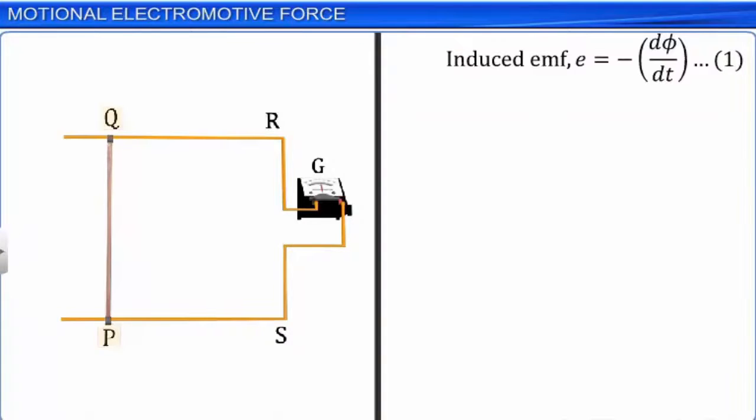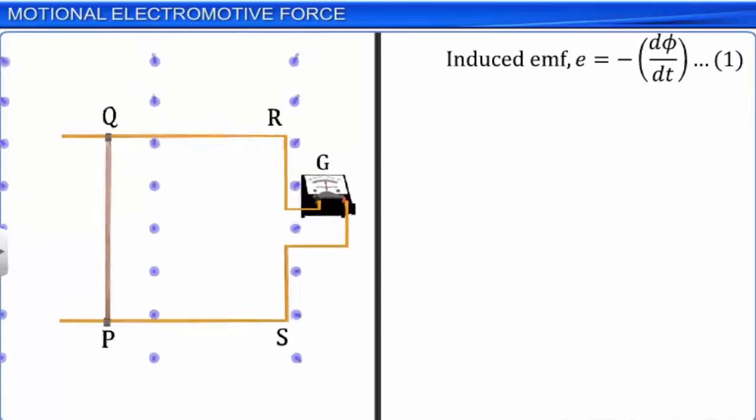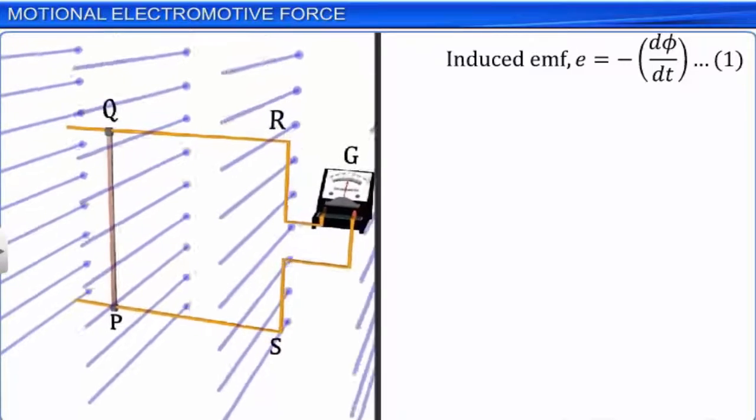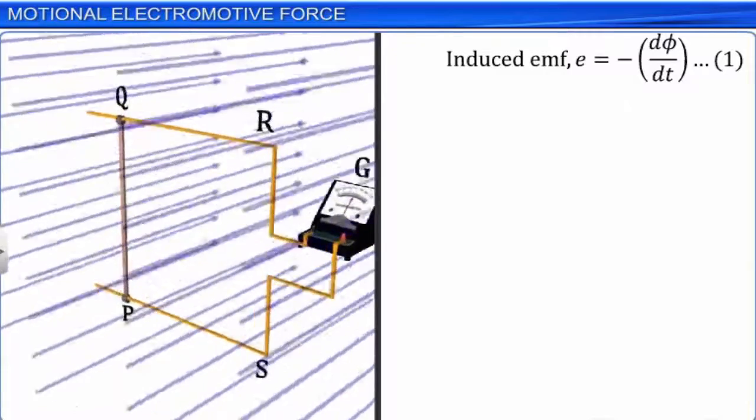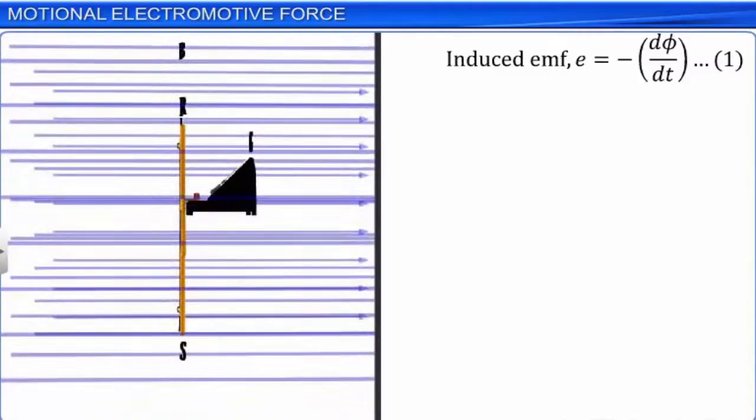Consider PQRS to be a rectangular metallic loop having a galvanometer G connected between R and S. The part PQ can slide forwards or backwards in between the parts PS and RQ of the loop. Let us now place PQRS in a uniform magnetic field such that its plane is perpendicular to the magnetic field.